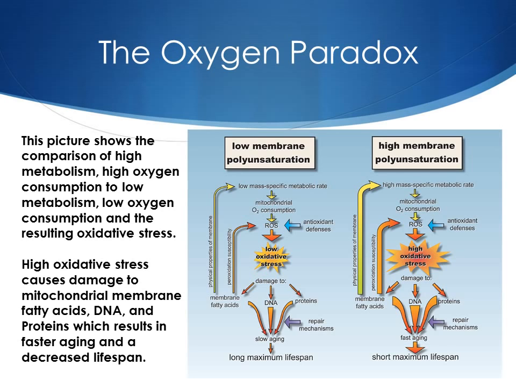Another visualization of the oxygen paradox. This picture shows a comparison of high metabolism and high oxygen consumption to low metabolism and low oxygen consumption, and the resulting oxidative stress. You can see here, if there's a lower amount of mitochondrial O2 consumption, there's a decrease in the reactive oxygen species, meaning less oxidative stress caused by free radicals, meaning less damage to the membrane, fatty acids, DNA, and proteins, increasing the maximum lifespan.